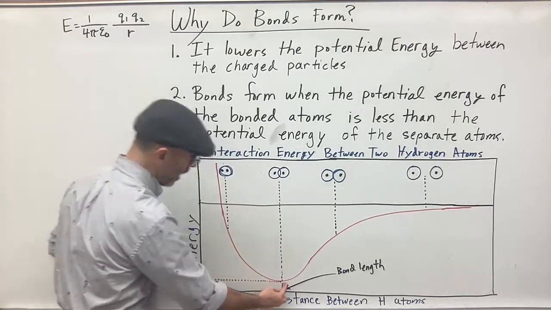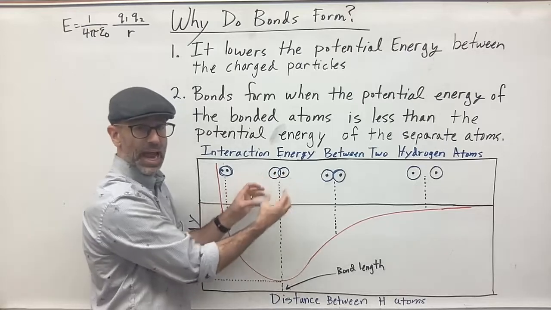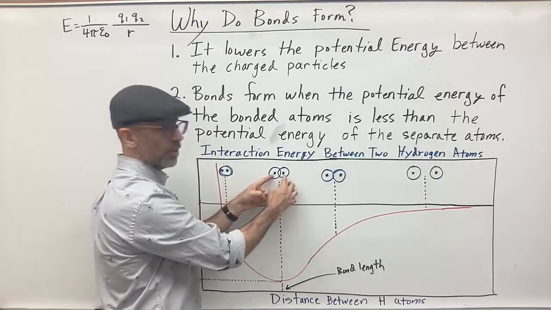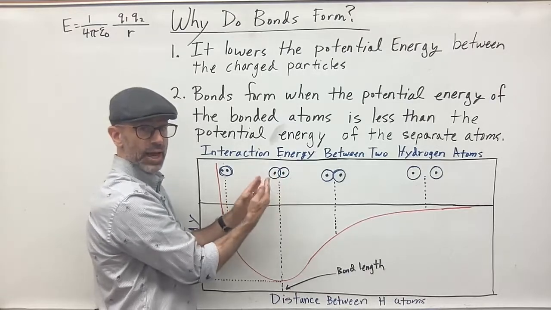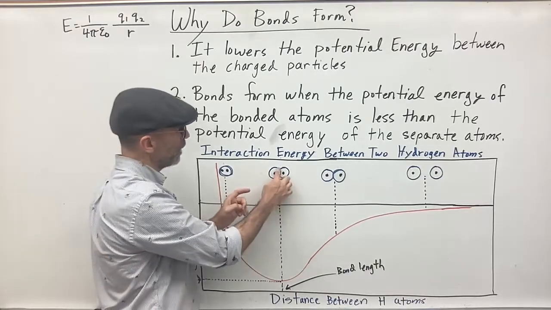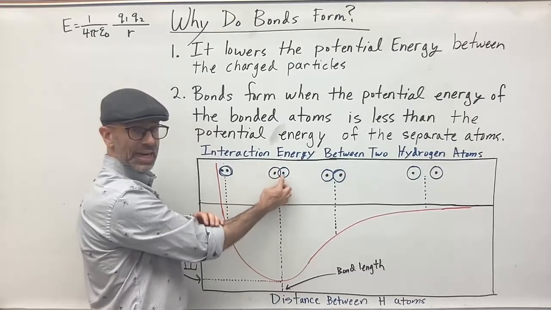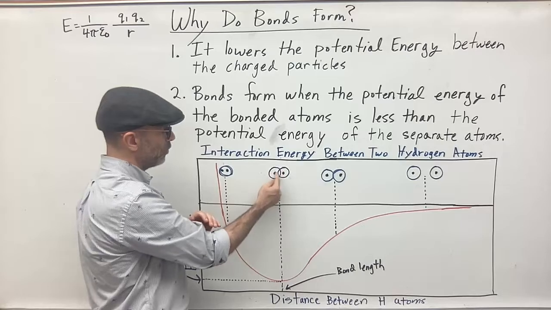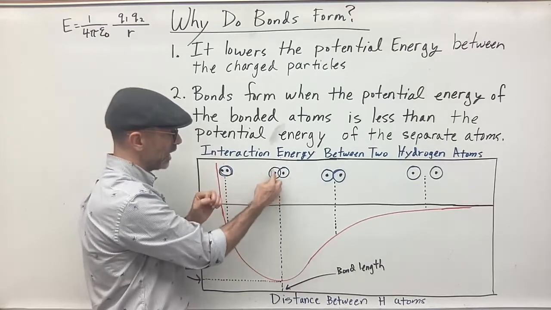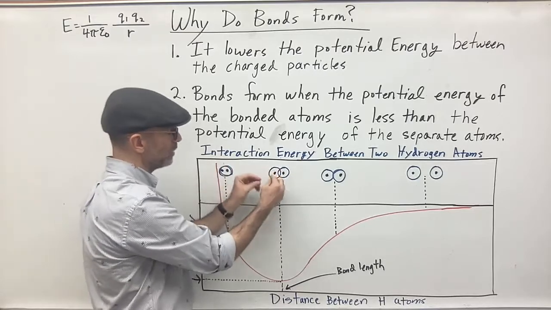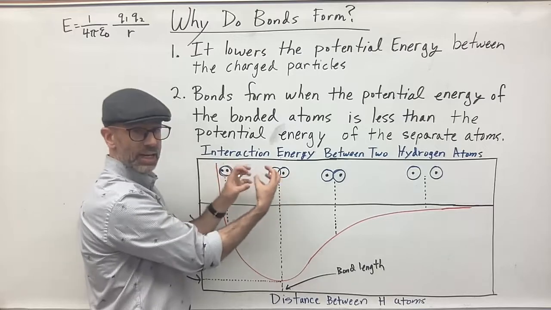The bond here at this lowest potential energy is basically the happy medium between the repulsion of the nuclei, the positive nuclei repelling each other, and the sharing of the electrons here in the middle. Both positive nuclei are attracted to the negative electrons that they're sharing, and that's keeping them together.